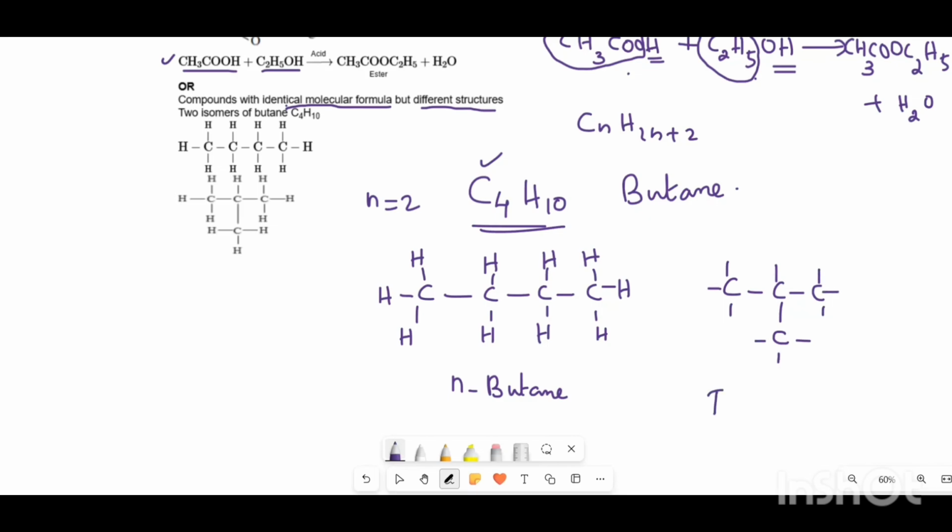This is called isobutane. The IUPAC name is different, but now it is not needed. CH3, CH, CH3, CH3. So these are the 2 isomers of butane, normal butane and isobutane.